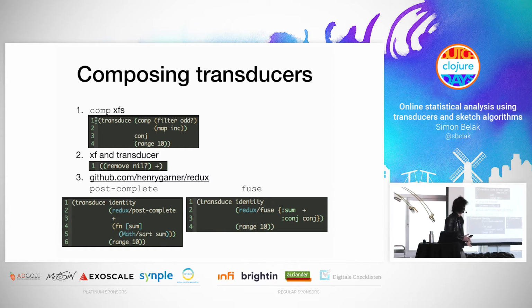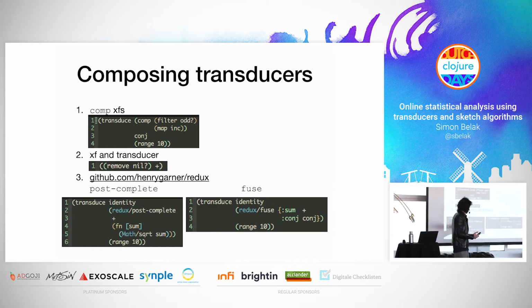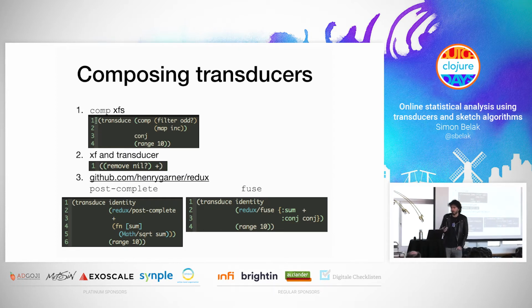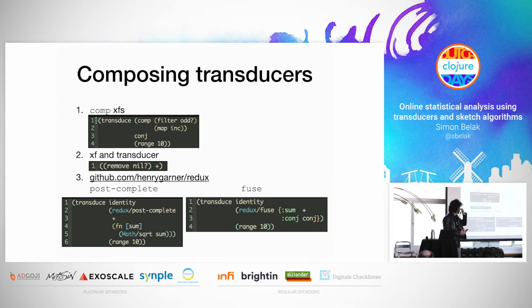So for instance, here we're taking a square of sums, and you can basically just reuse components of just having a plus, and then the whole result is summed, and at the end we take the square root of it. And the other one is fuse, which allows us to do several transformations, several transactions, at the same time over the same data.